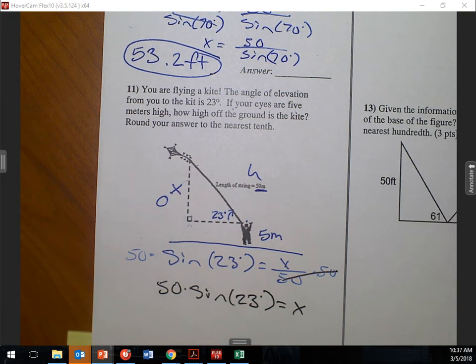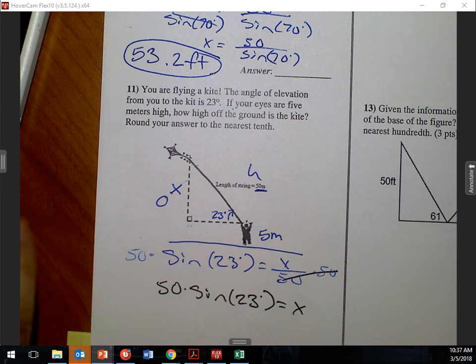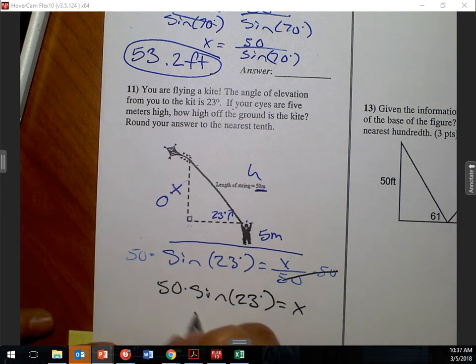Put that in the calculator. 50 times sine 23 degrees is 19.5, right? To the nearest tenth. So this x is 19.5.